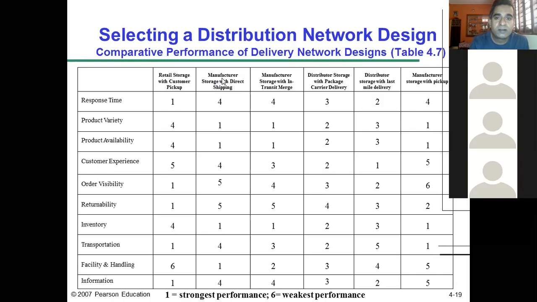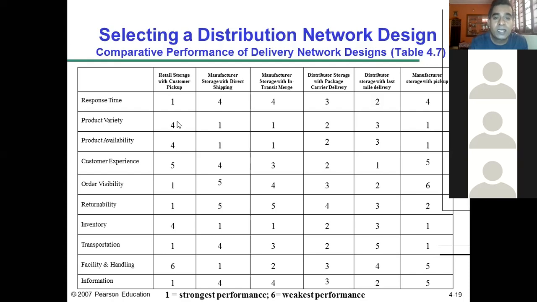But if we consider manufacturer storage with direct shipping, okay, direct delivery to the customer, or manufacturer storage with in-transit merge, it scores 4 on response time, as it takes some time for the manufacturer to deliver the goods to the customer due to the distance. So this way each of these types of distribution network performs differently on each of these criteria. Similarly, if I consider product variety, retail storage with customer pickup scores low, because there is limited space in the retail store.